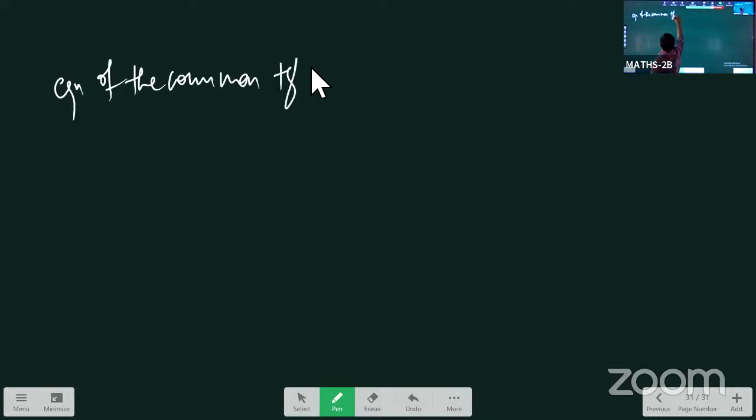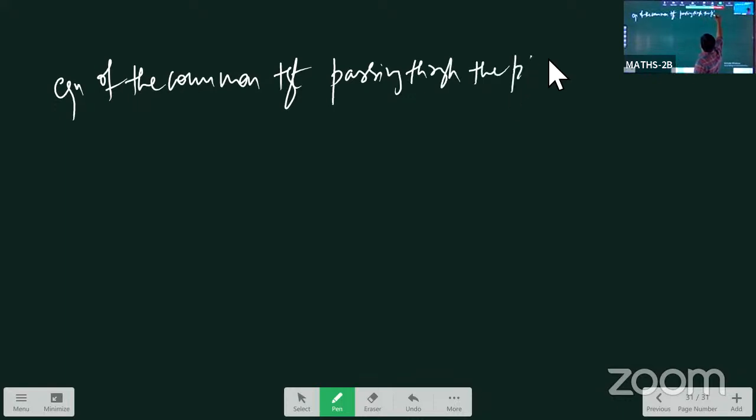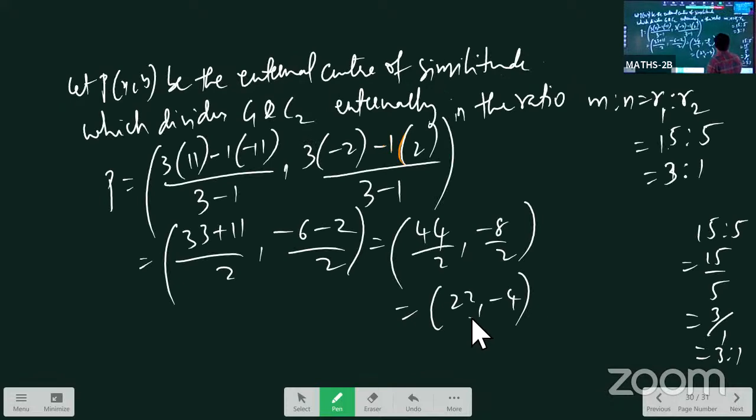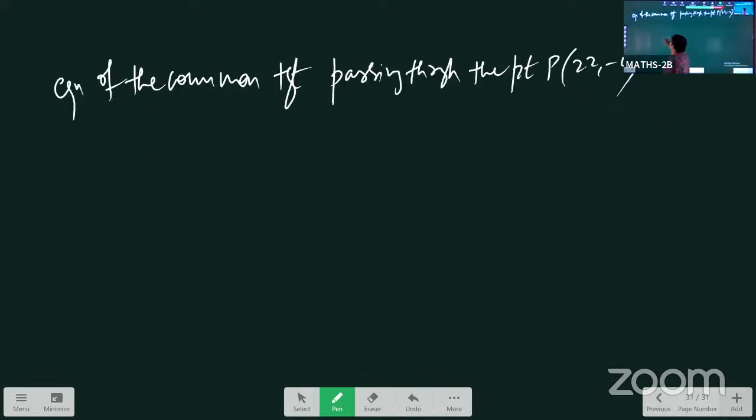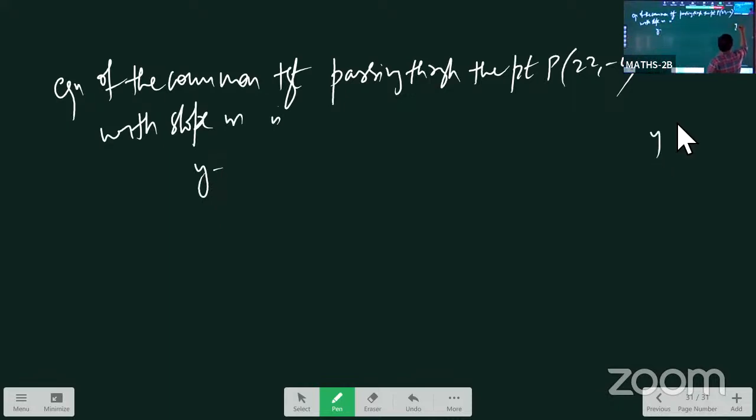Now, the equation of the common tangent passing through the point P, just now the point which we found, 22 comma minus 4, and with slope m, that slope we don't know, is y minus y1 equal to m into x minus x1.